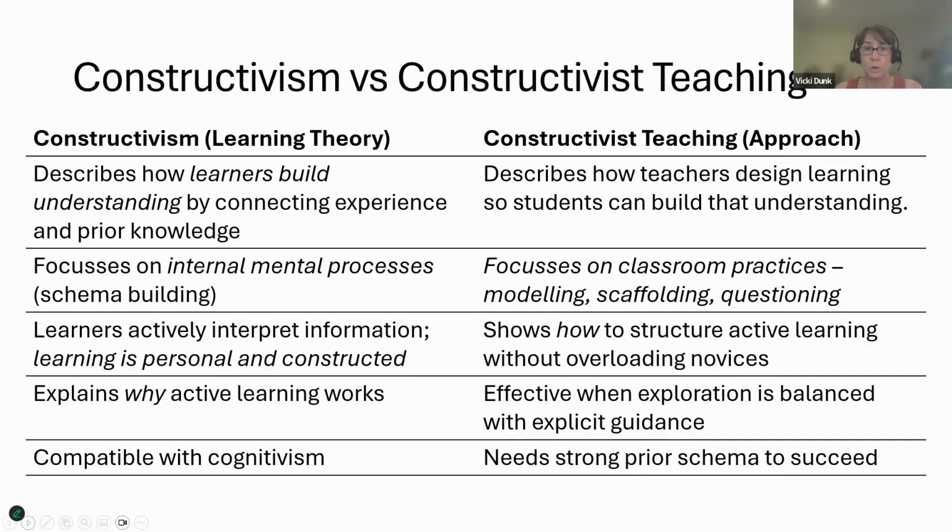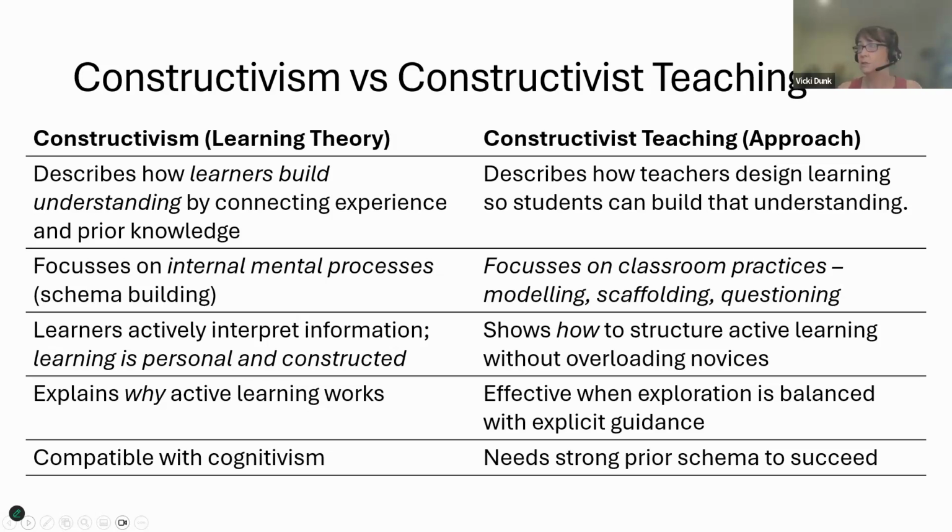Constructivist teaching approaches is the way that you design these constructive learning activities. The problem comes when you say it's discovery learning and I want them to discover all these things that scientists discovered all on their own. Scientists had a schema. Scientists had experiences and things that these students do not have. There is no way that those students can discover those things on their own.